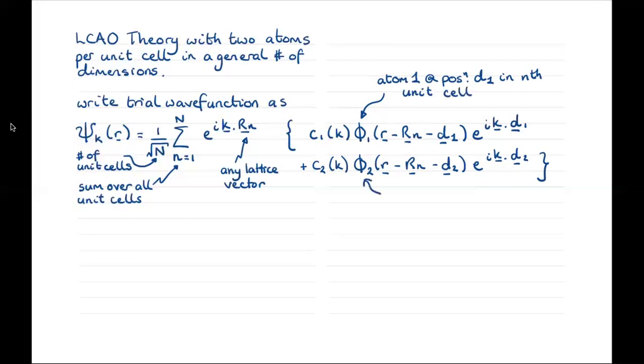Phi 2 is atom 2 at position d2 in the nth unit cell.